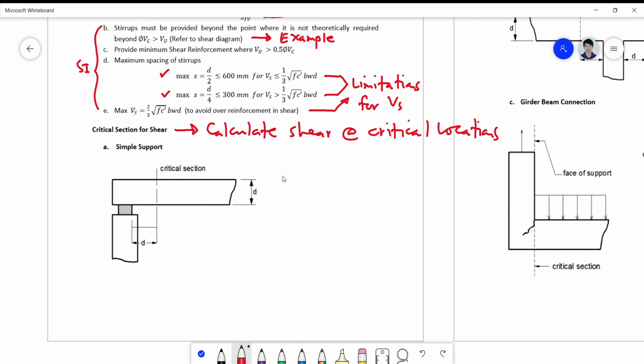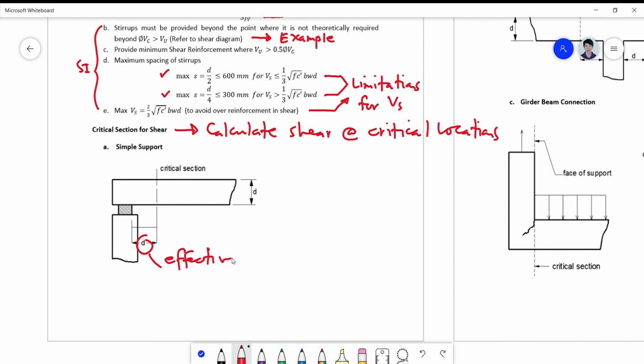So for simply supported beams, it is at a distance d from the bearing plate, or simply the support. Whatever your support is, it is at a distance d. What is d? D is the effective depth of the beam.